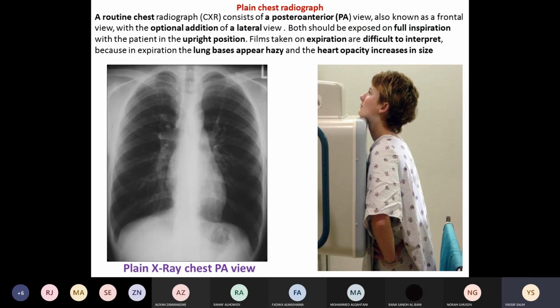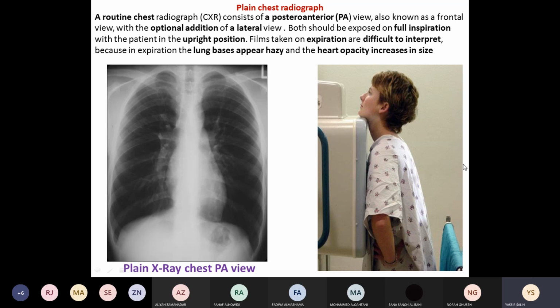Start with the technique. How is this plain chest X-ray done? Chest X-ray is done routinely in posterior anterior view. What is that? If you look at this patient, she is erect in upright position. The film or detector is located here.